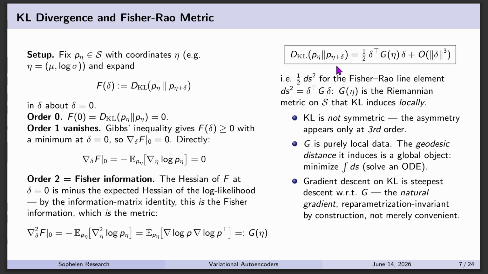Because the zero order and the first order vanish, and then your second order is this, and then you just group all the third order up into big O notation. So we see that the KL divergence is a metric locally, and this is called the Fisher-Rao metric, and this is the metric that we should be using for our statistical manifold. Now, of course, we don't want to work with this because it's intractable. So what we do is we work with the KL divergence.